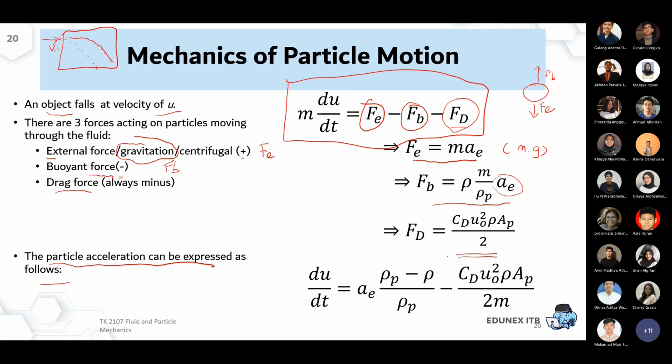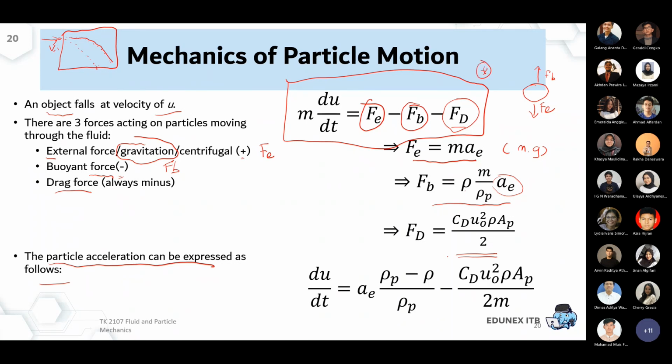This concept is also applied over here, where we can calculate one key velocity that's very useful to calculate. The concept is similar to before, the free fall velocity.